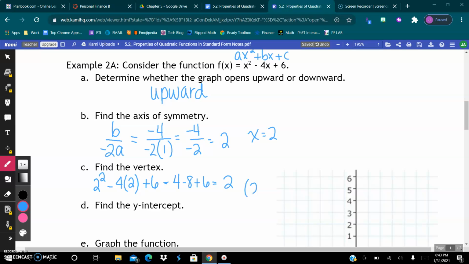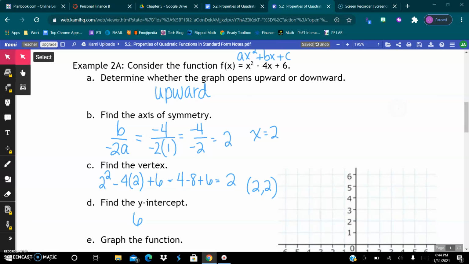Our x was 2 that we plugged in from part B, and our answer was 2, so our vertex is at the ordered pair (2, 2). And then D is find the y-intercept, and that is the c value. The c value in this equation is 6.